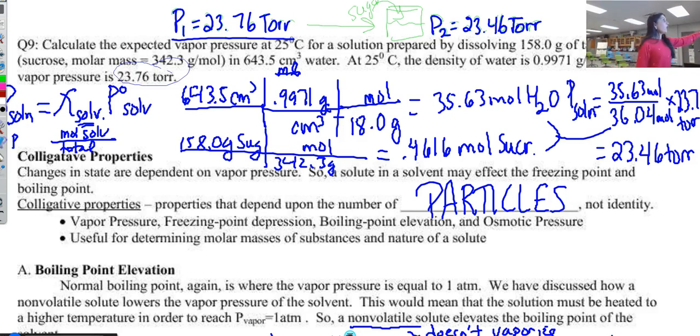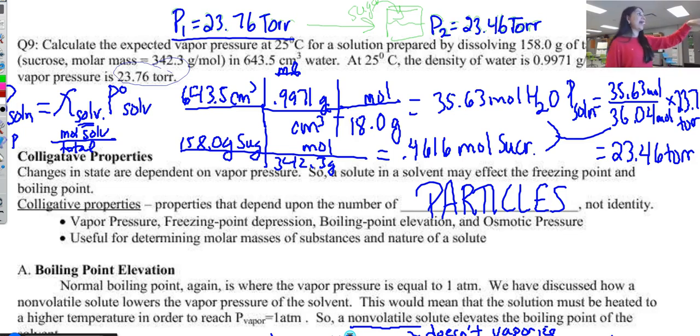Now, this is a whole bunch of math, but what we were calculating is the vapor pressure of the solution. So what we did here is we needed to figure out what chi was, which means we needed moles of both of them. On top of that, they gave us the milliliters of water, and then they gave us the density. So we actually had to switch from milliliters to grams and then to moles.